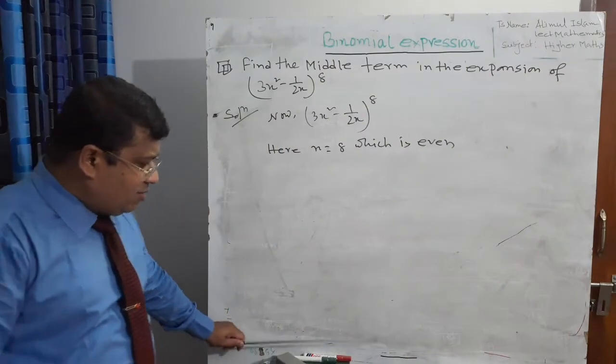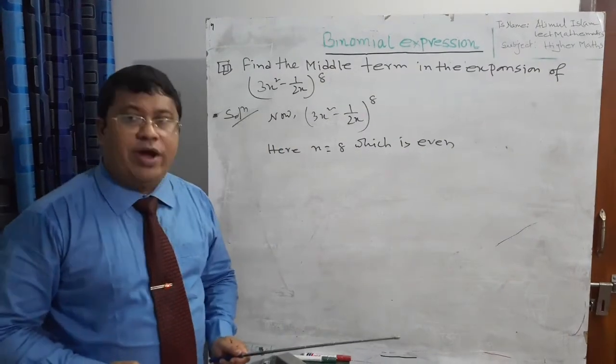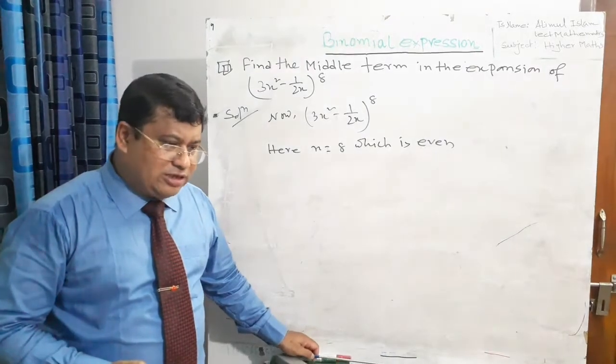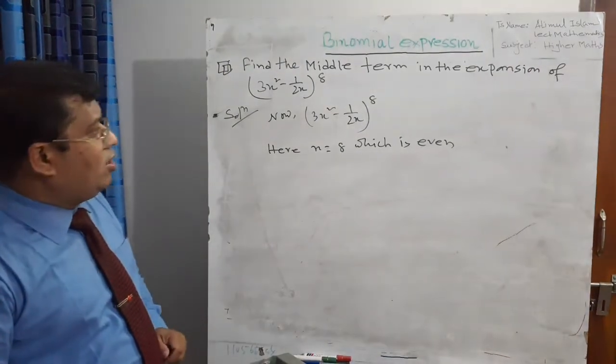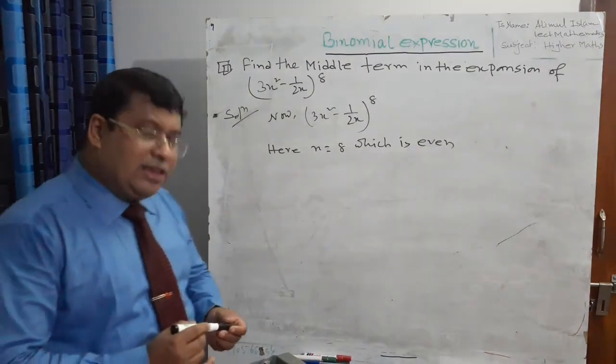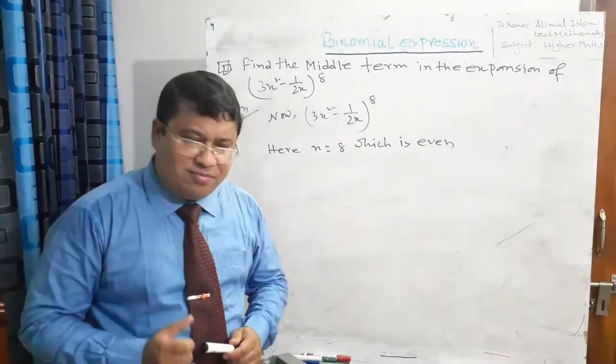Already I have discussed the theorem, how to find the middle term of the expansion. Here the power is even. When you get an even power, there is only one middle term. Clear?